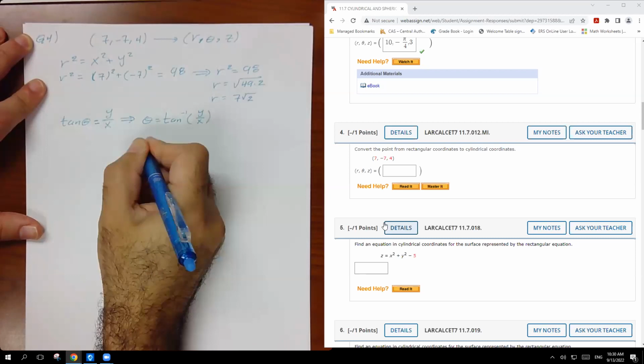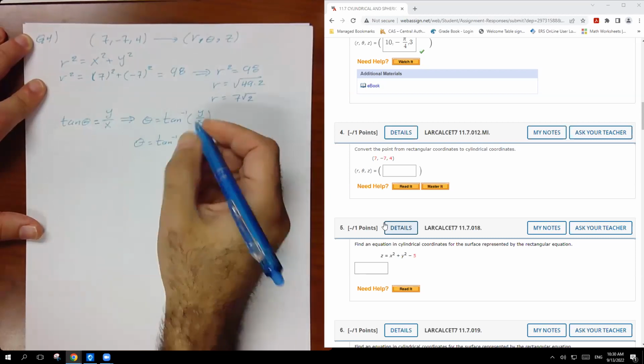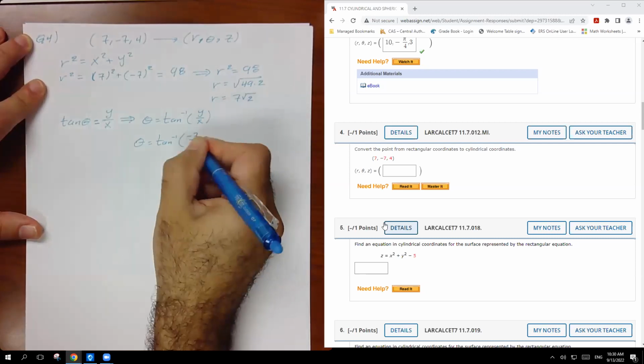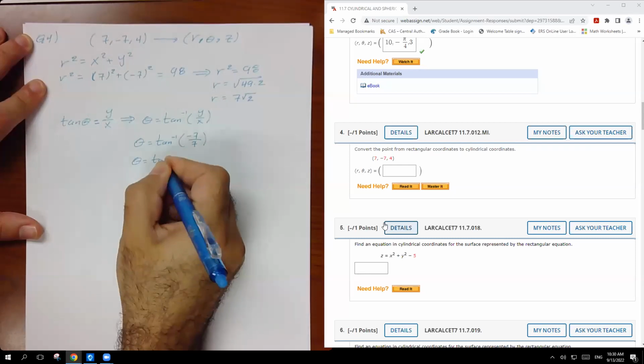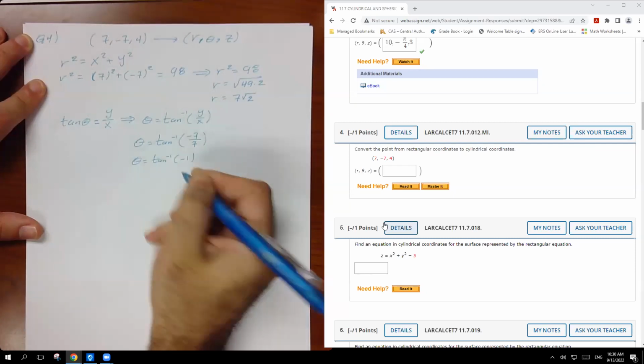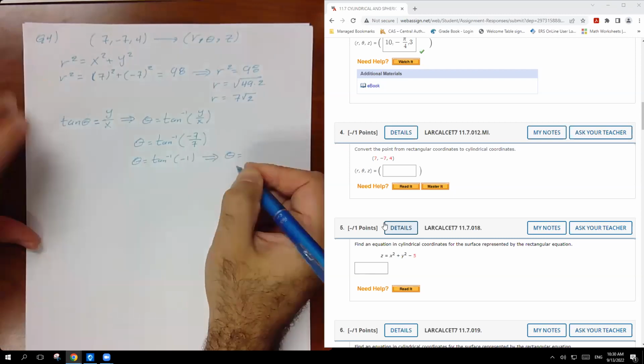So theta is going to be tan inverse of negative 7 over 7. So theta is going to be tan inverse of negative 1. Then theta is going to be exactly the same number we got before.